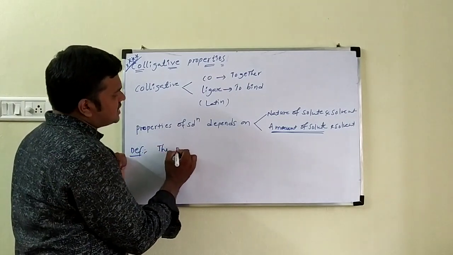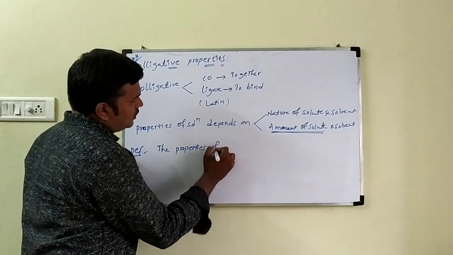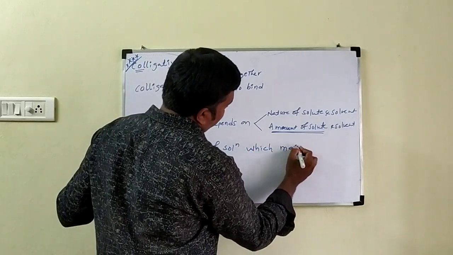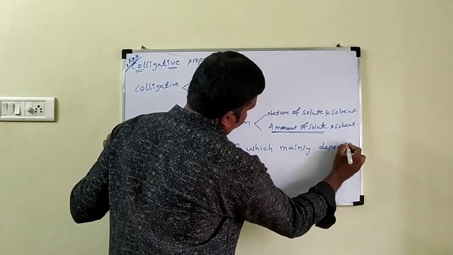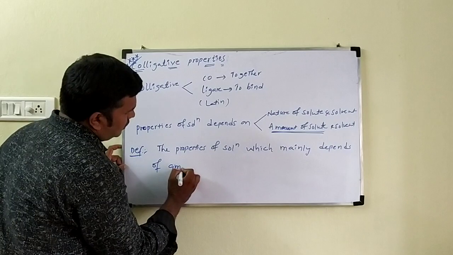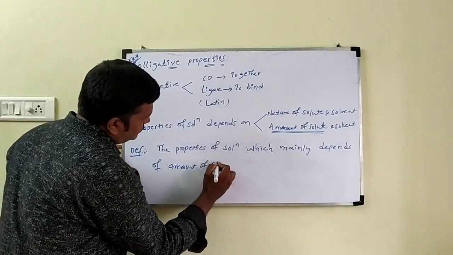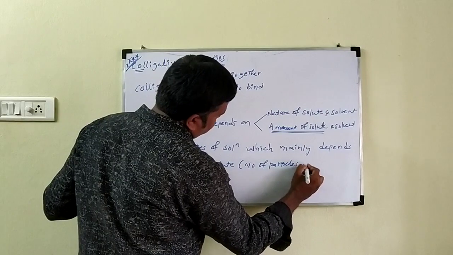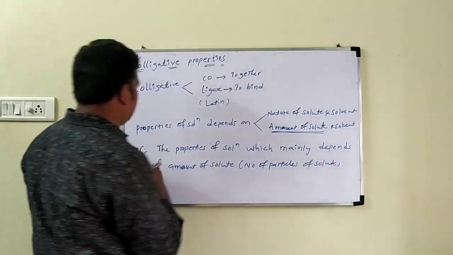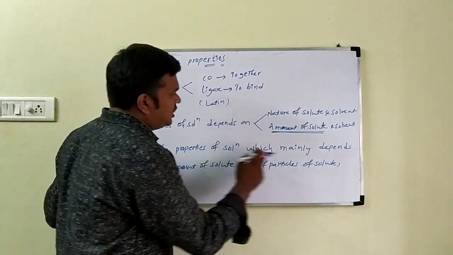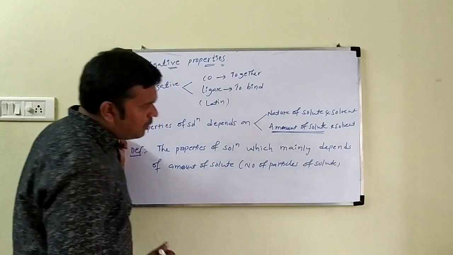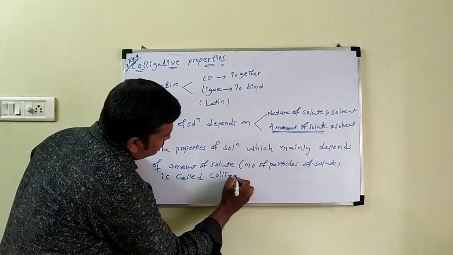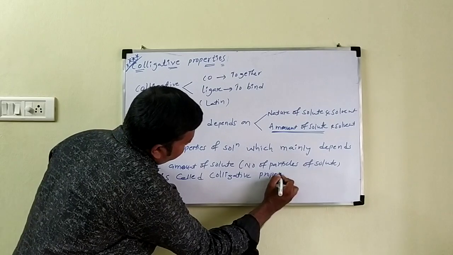What are colligative properties? The properties of the solution which mainly depend on the amount of solute, or you can say the number of particles of solute, are called colligative properties.